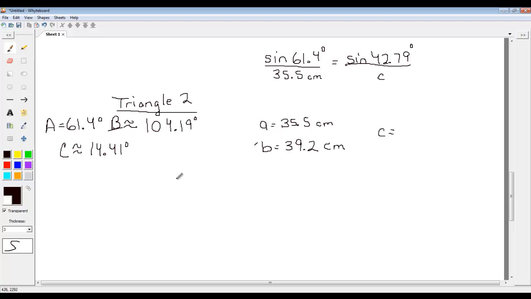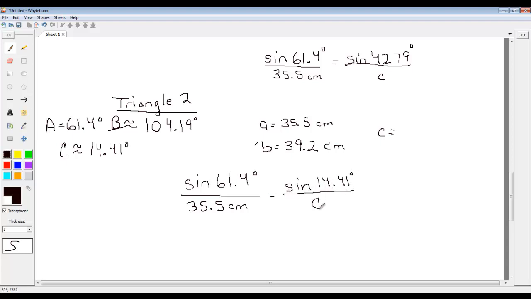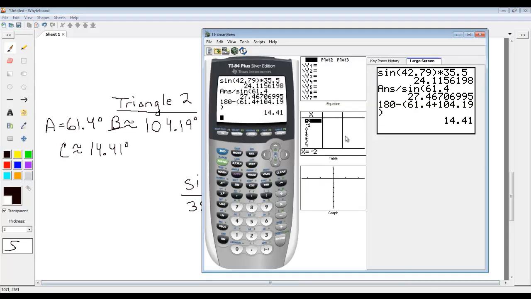So you can do sine of 61.4 degrees over 35.5 centimeters equals sine of 14.41 degrees over whatever C comes out to. Okay.